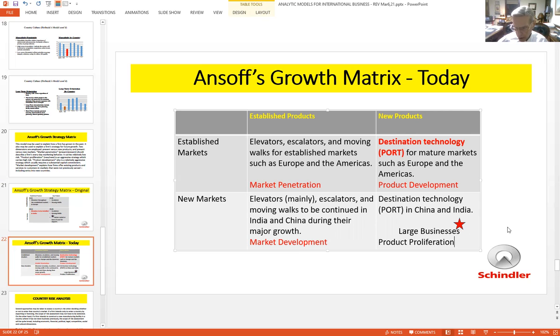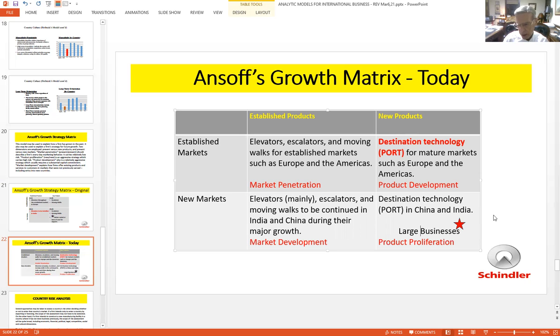In this case, what we're trying to do is develop new products for new markets. And as you might imagine, that's a tough cookie. And your risk is very high, isn't it? Because you don't have knowledge about the product or the market the way you do when you're dealing with your existing products or markets.